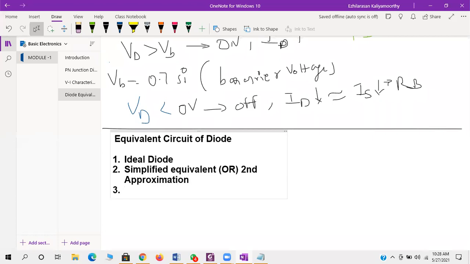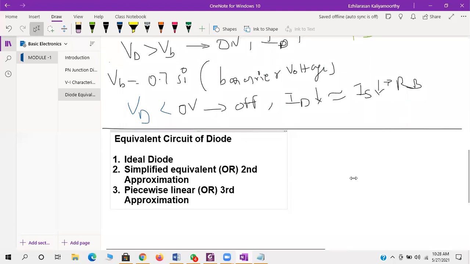The third one is piecewise linear, or third approximation.